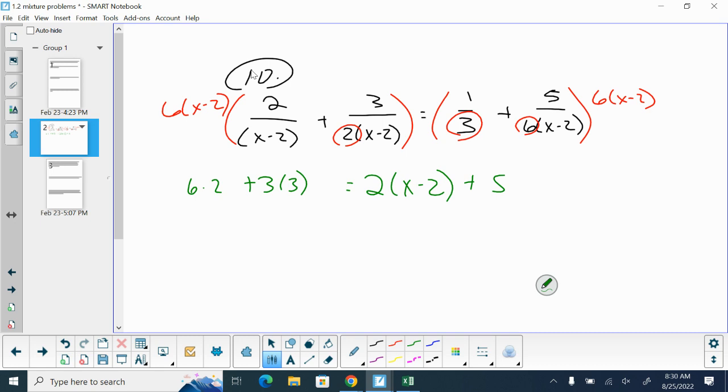So we have just a plus 5. So we're left with 12 plus 9 is equal to 2x minus 4 plus 5. Combine our like terms, 21 equals 2x plus 1. We can subtract a 1 over and divide by 2. So x would give us a value of 10.